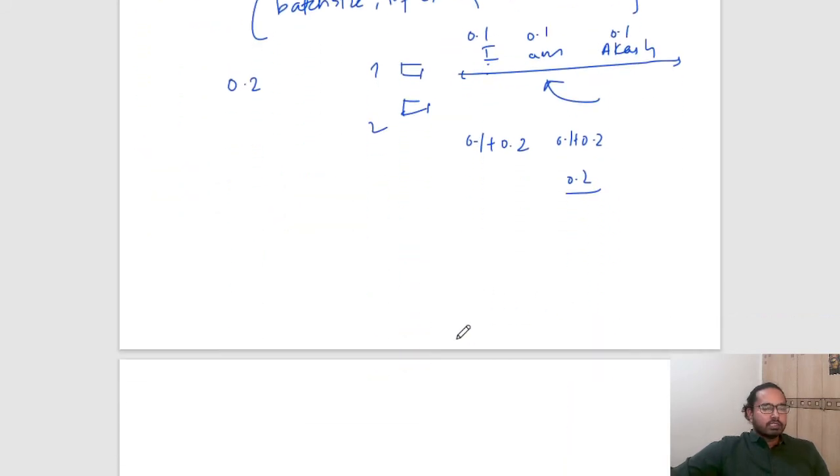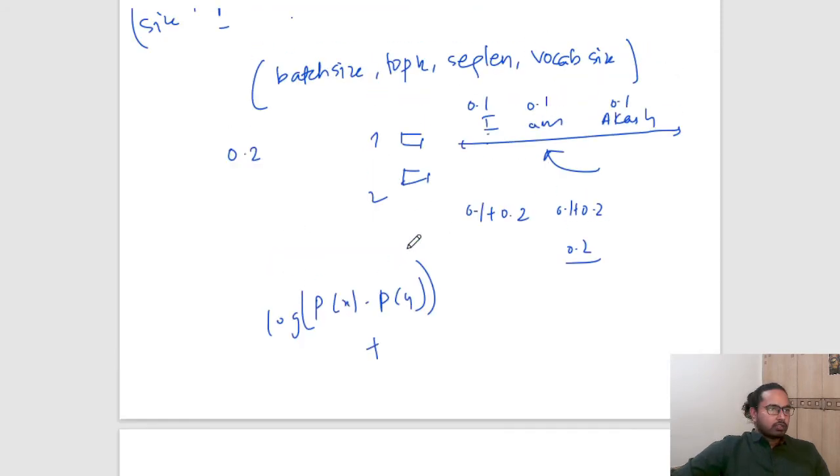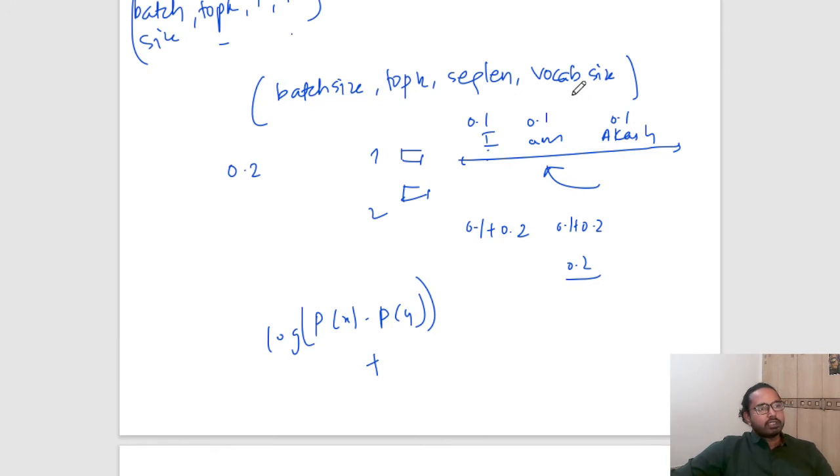So which is something similar to doing probability of x into probability of y, but since we are doing it in a log space, this turns into addition. So now our vocab size involves all the tokens in our vocab, their probability.